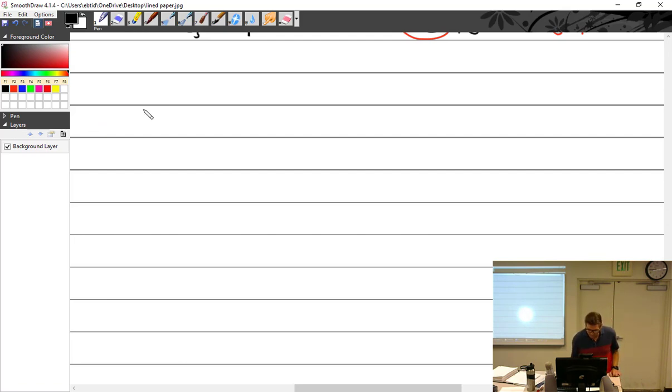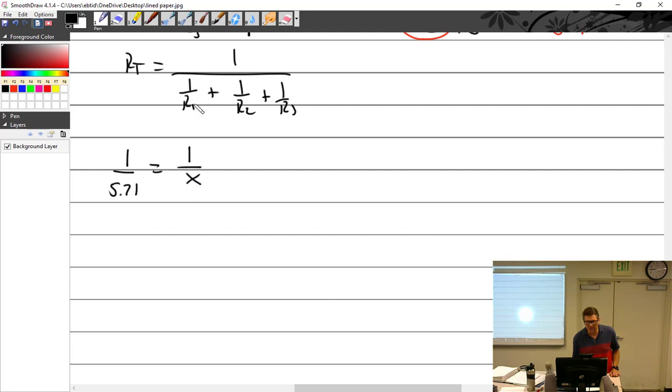All right, so it's R total equals 1 over R1 plus 1 over R2 plus 1 over R3. So that's the 1 over right there. So we're going to move this over to here. So it's 1 over R total, which was 5.71, equals 1 over x, which is our unknown, plus 1 over 20 plus 1 over 40.